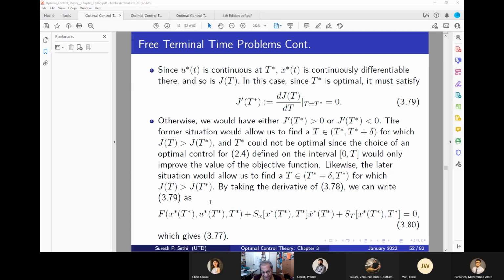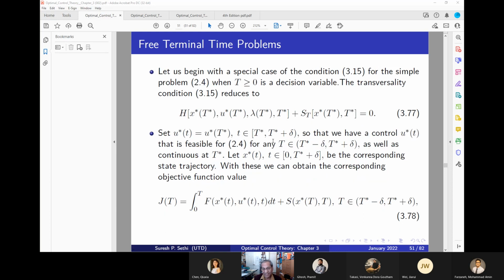Notice that one is f. That one is lambda(t). Lambda(t) is S sub x. And that is exactly f, x dot equal to f. So f plus lambda times f is the Hamiltonian. That's exactly this.